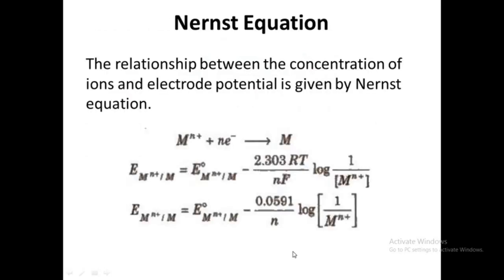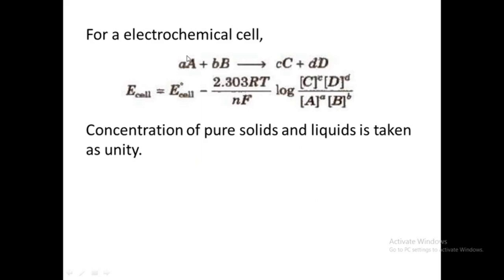So this one is for one half cell, and for a complete cell let us consider the equation. Suppose a A plus b B are reacting to give c C and d D. In the case of the products, the small c represents the coefficient before C and the small d represents the coefficient before D, and these small letters are used to balance the chemical equation.